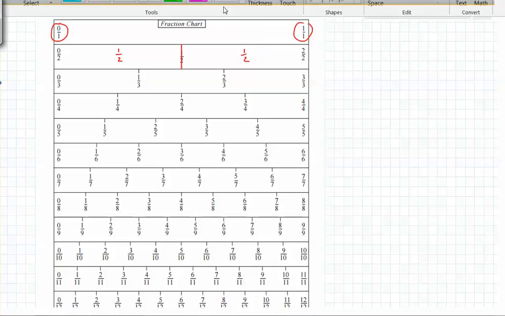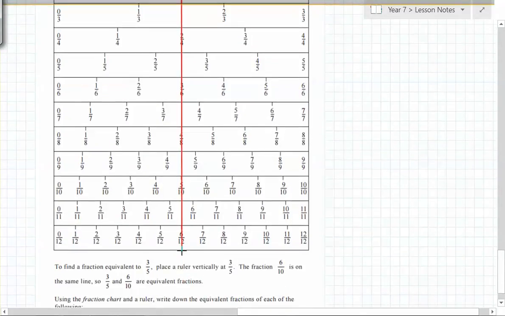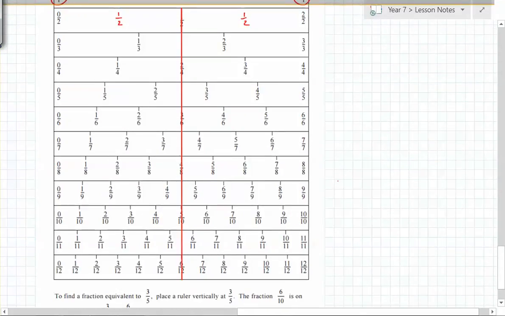But here's the thing that we can do, is that if I draw that line all the way down, that line matches up with lots of others. 2/4, 3/6, 4/8, it's always a half. 5/10. Yes, they are all halves. And on the right, they're all wholes. So 2 out of 2, 3 out of 3, 4 out of 4, 5 out of 5, they're all wholes.